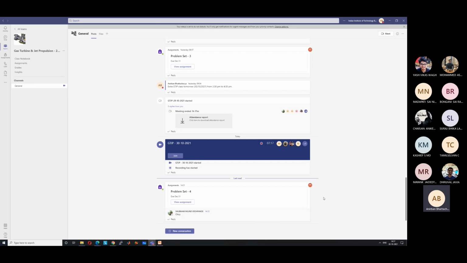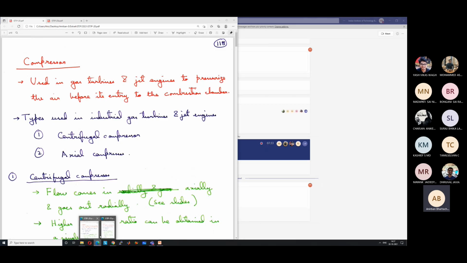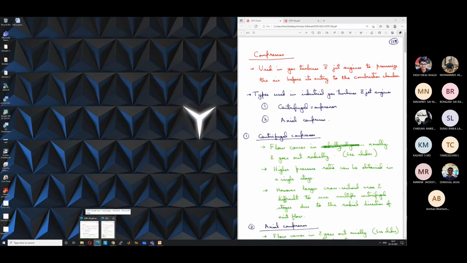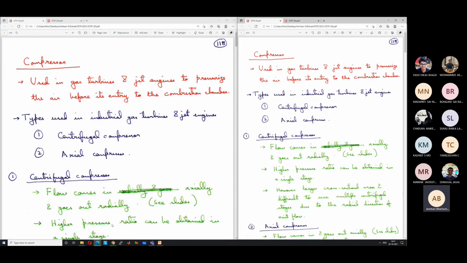So we will continue our discussion. First, we discussed industrial turbines in system level details, and then we went through different types of jet engines. We have finished that part, and just yesterday we started discussing compressors. We will go through compressors in the next few classes.